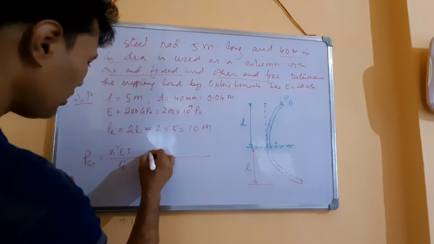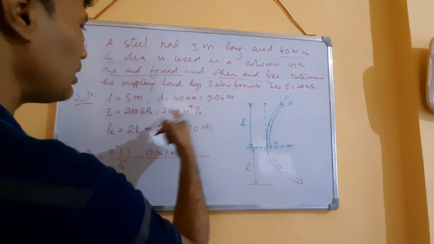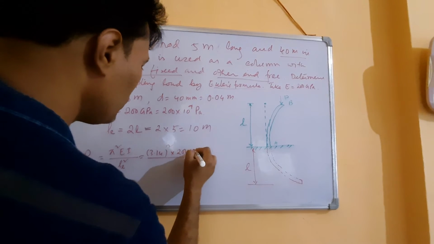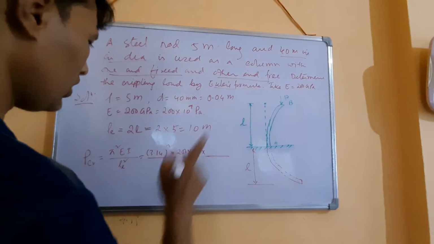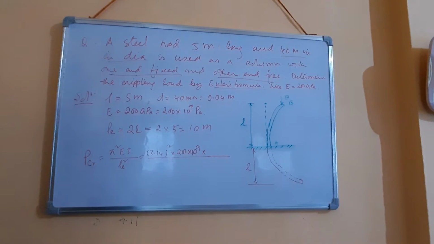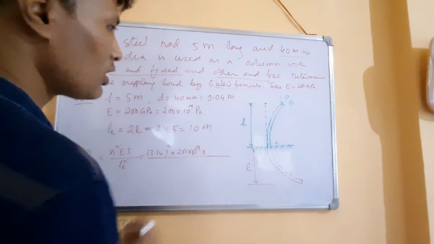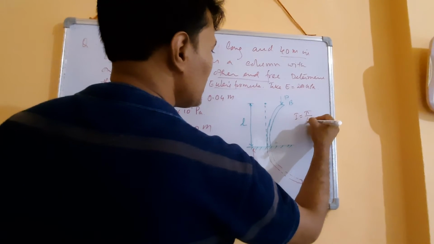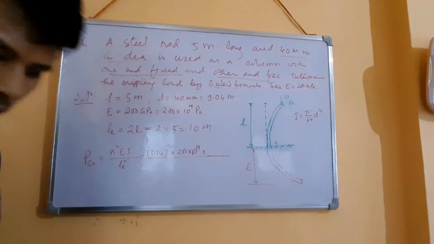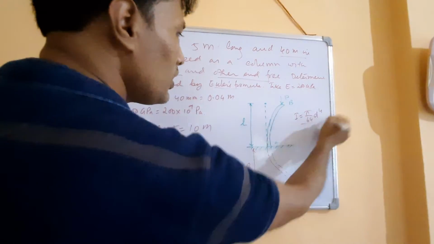So pi is 3.14 square into value of E, given as 200 into 10 to the power 9, and I. So we have to find out the value of I. Since the rod is circular, in case of circular, I will be equal to pi divided by 64 into d to the power 4.